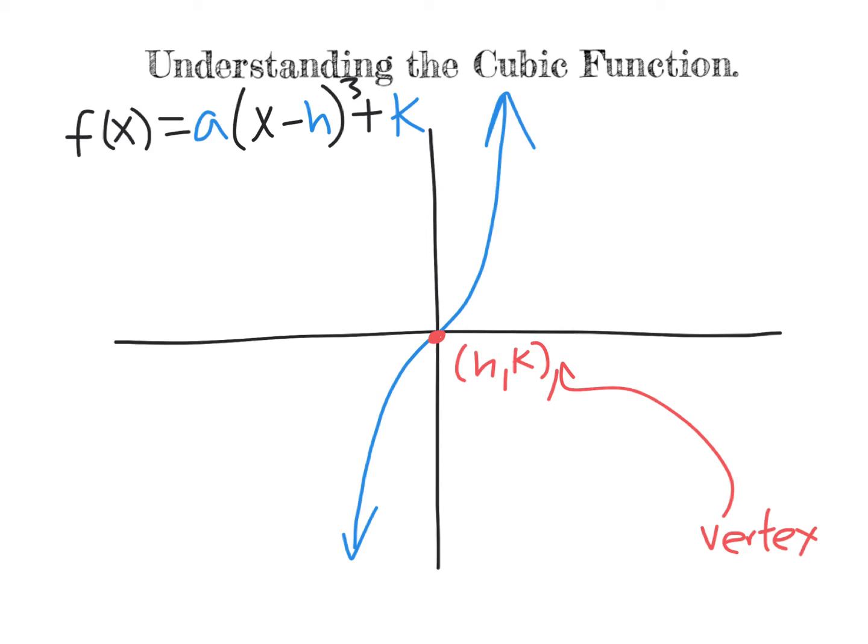Now, the h and k move the vertex up, down, side to side. The a is what's going to be manipulated based on the compression or the stretch. And if we remember the rules, if a is greater than 1, we're talking about a vertical stretch.